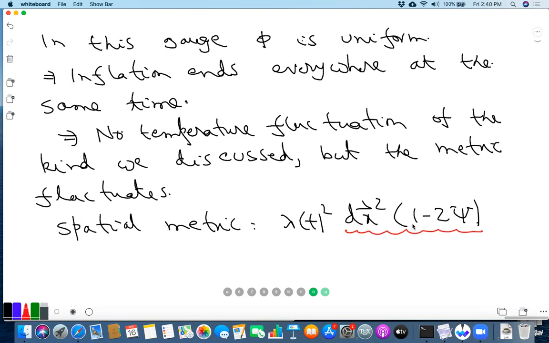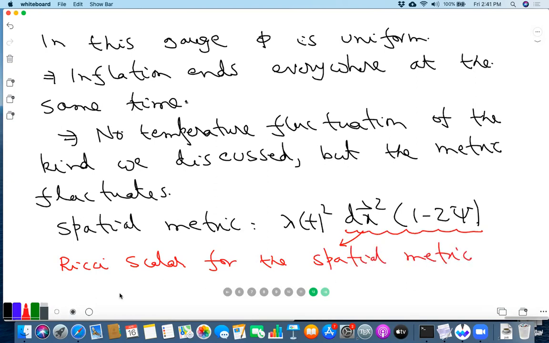And I can leave it as an exercise to check that if you calculate the Ricci scalar for the spatial metric, this is proportional to, I think, the three-dimensional Laplacian on psi, which in momentum space just becomes k squared times psi hat.